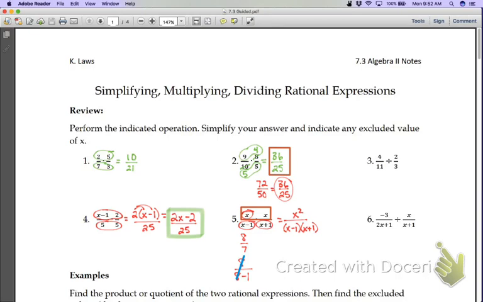Now, one thing that I will do is where it says up here at the top, indicate any excluded values. What is one thing we can never divide by? 0. Okay, somebody said it. So if I can't divide by 0, what are the two values that x cannot be on that bottom side? x can't be equal to 1 and negative 1.